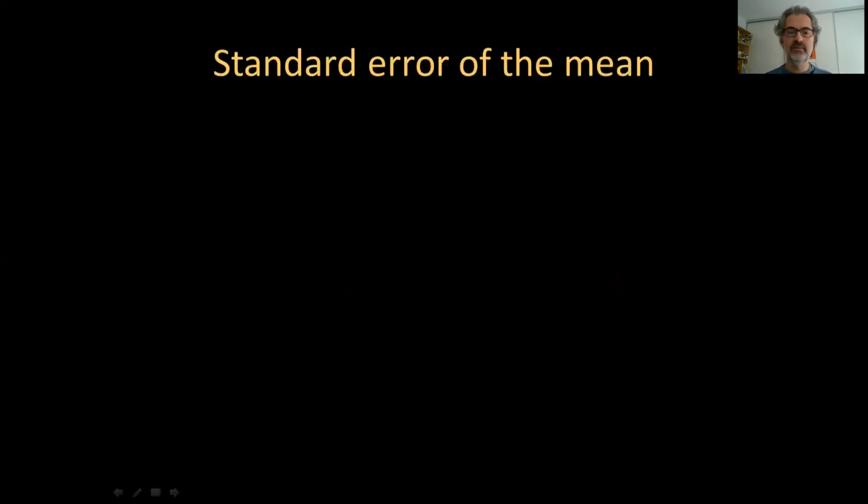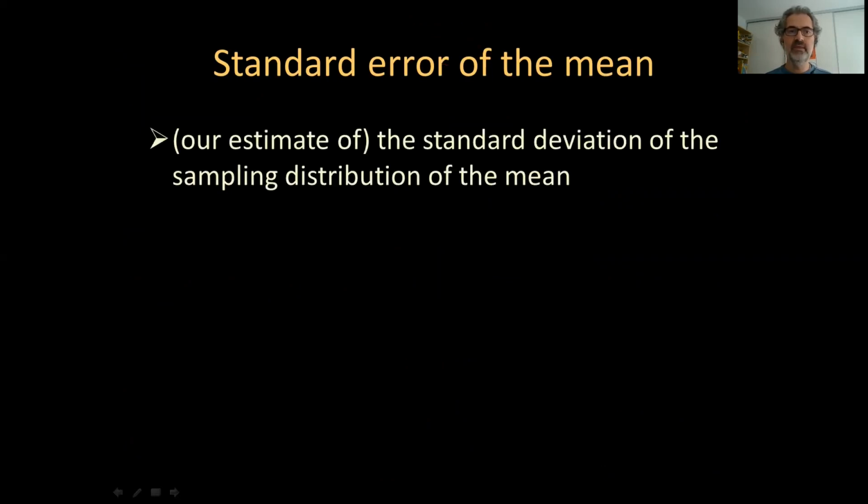In general, the standard error of the mean is the standard deviation of the sampling distribution of the mean, or more usually our estimate of that. So we use the same term to refer to the population value or to our estimate.